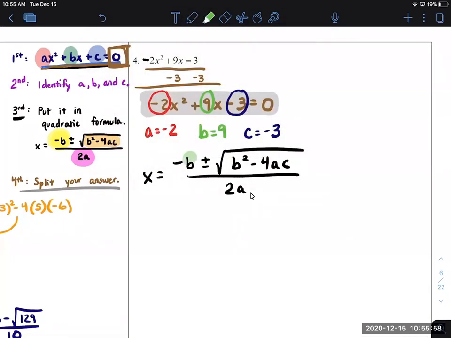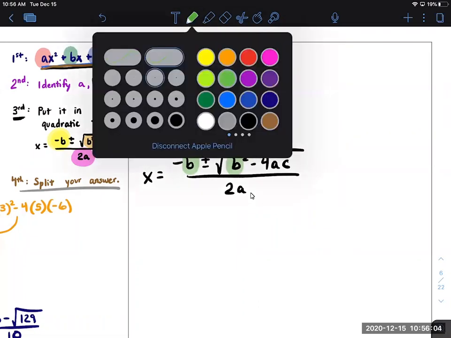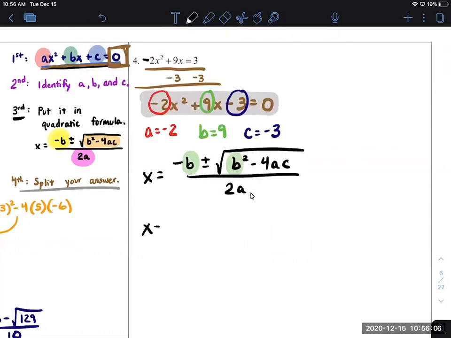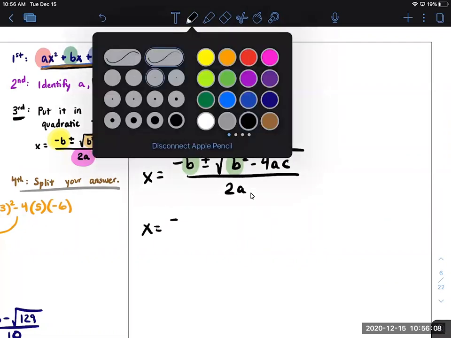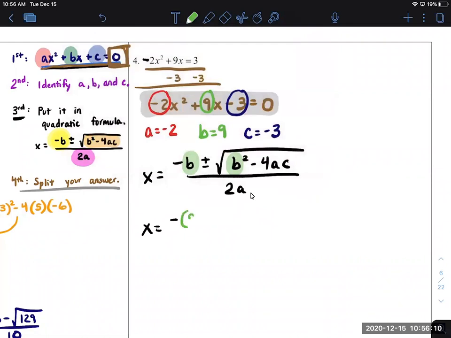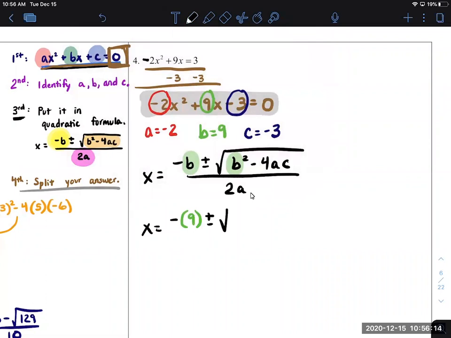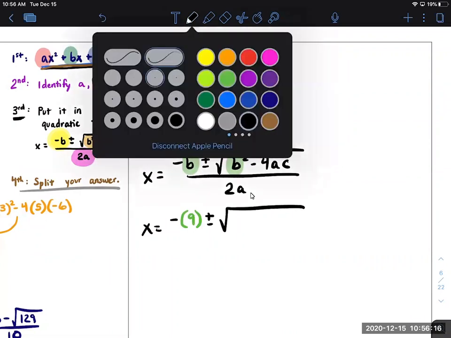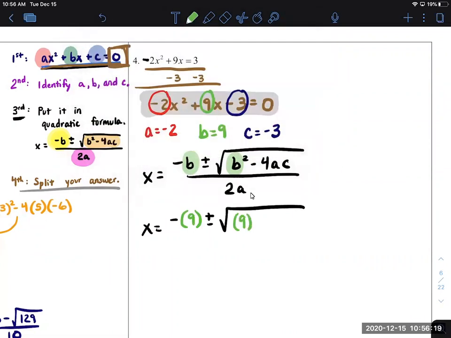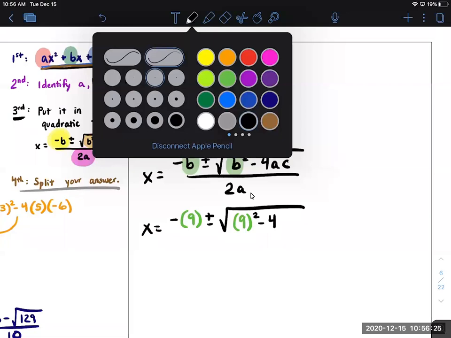I'm going to do my b's first, which are here. So it's going to be x equals -b, which was 9, plus or minus the square root of 9 squared, minus 4. Then we have our a.